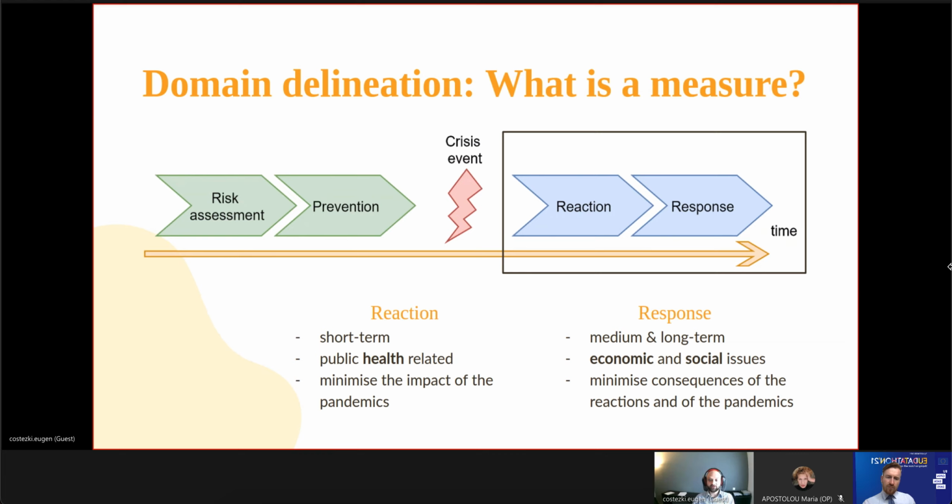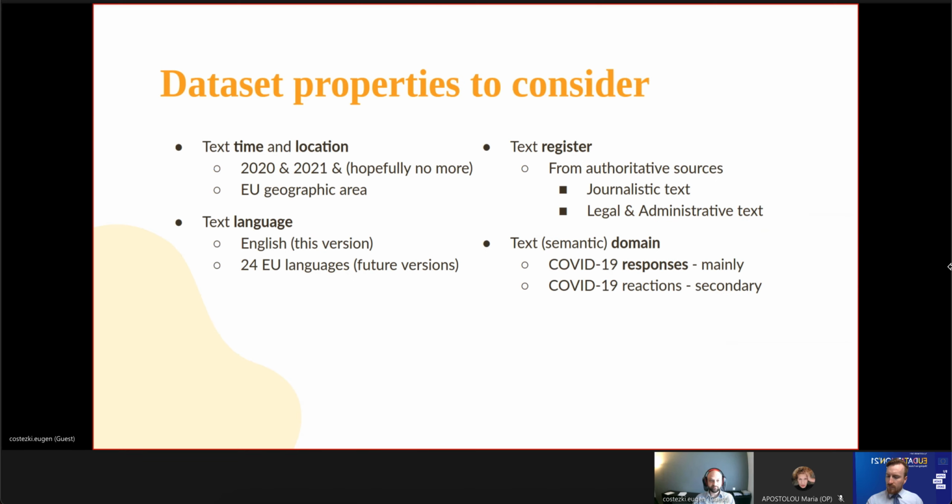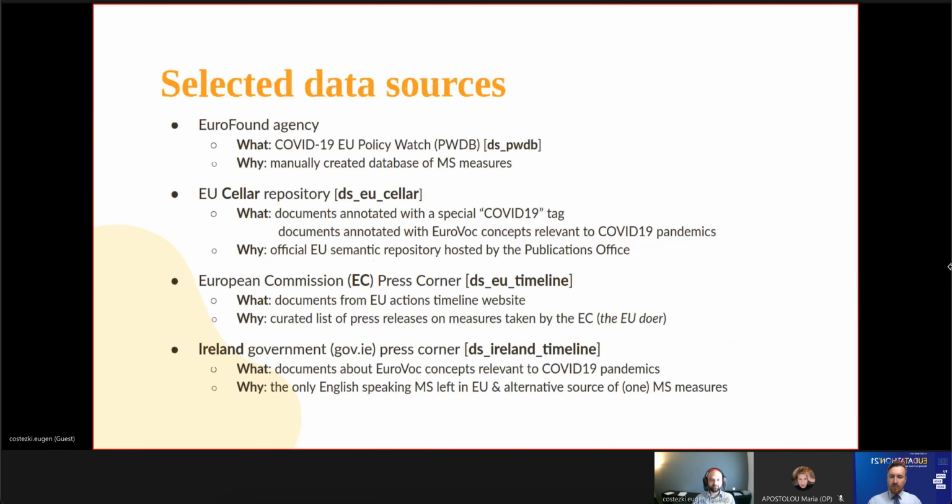But because we cannot make a distinction between the responses and reactions when we collect the data, we had to take both in. But for example, in the PVDB itself, we have only responses, not reactions.